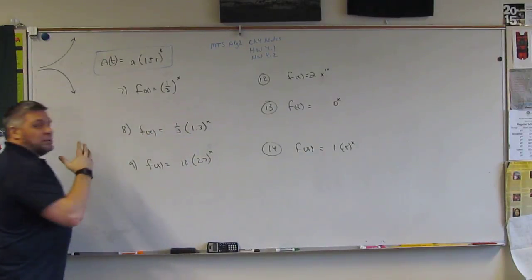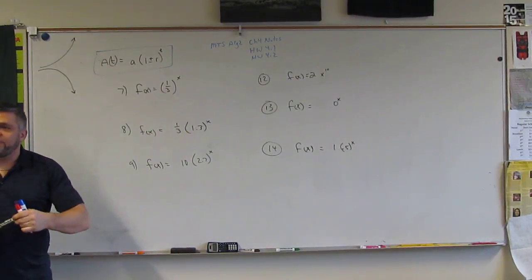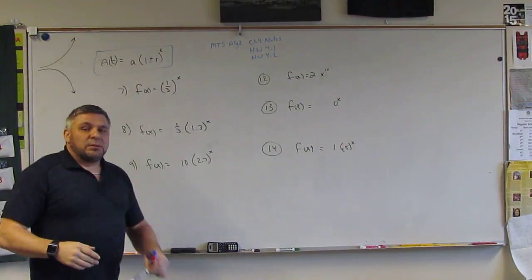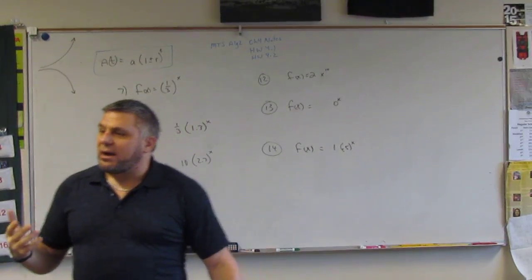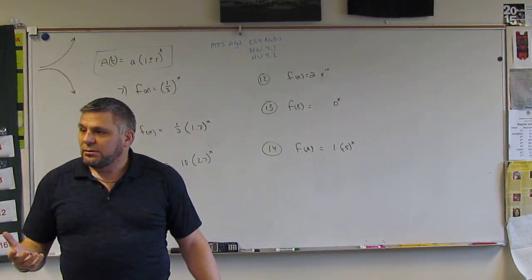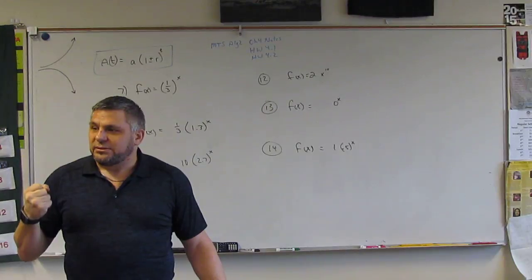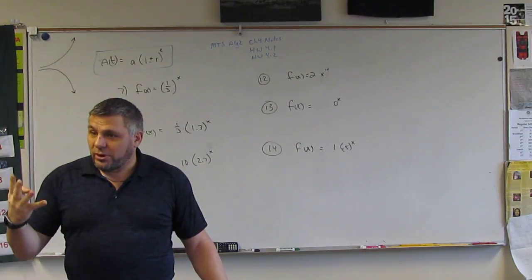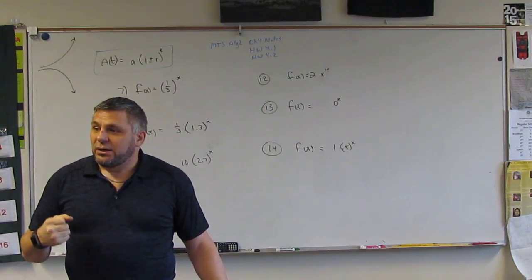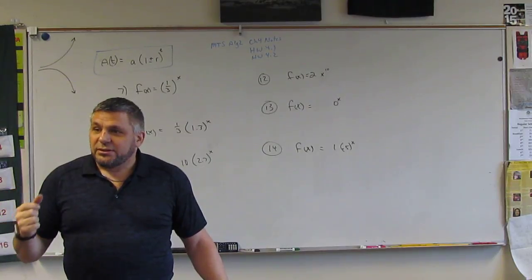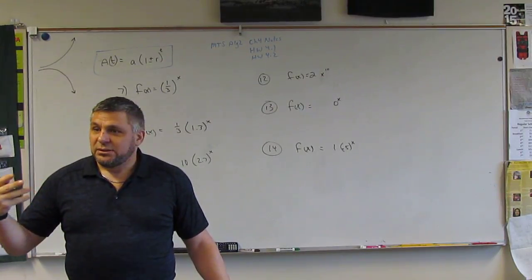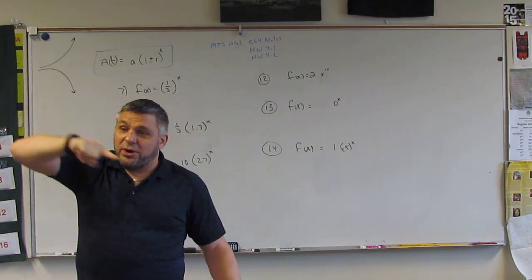Exponential growth, right? Think about it. If I have 2 raised to the second power, how much is that? 4. 2 raised to the third power: 8. 2 raised to the fourth power: 16. It's going to keep growing, right?